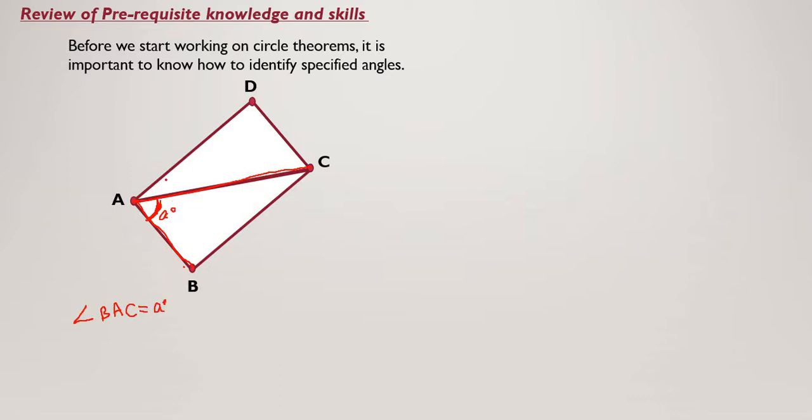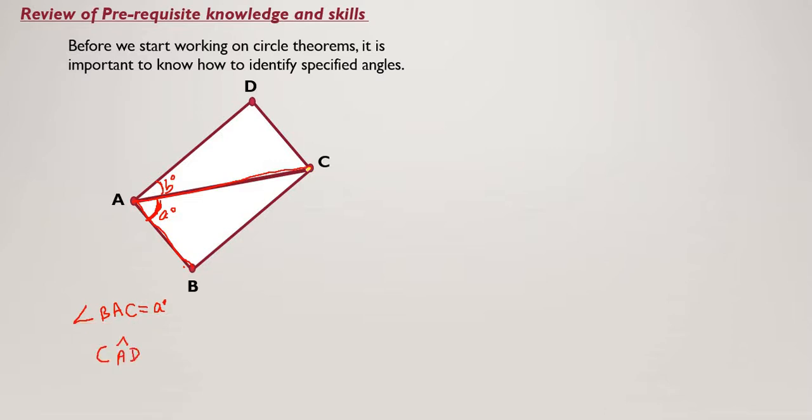Let's say we make this one b degrees, this angle here. So we can say angle, let's say we want to go from C to A to D. So we can say angle CAD.